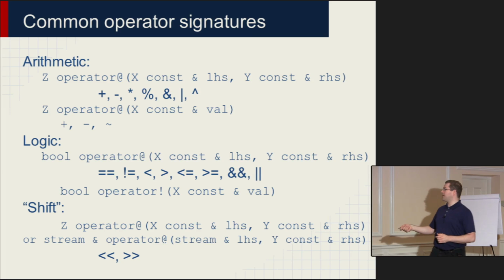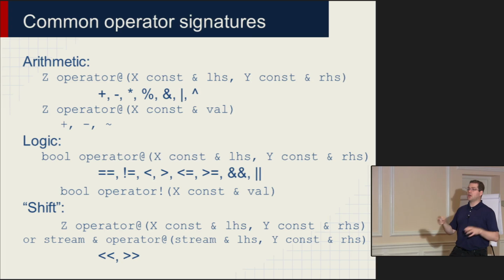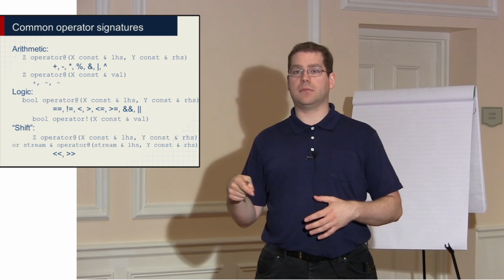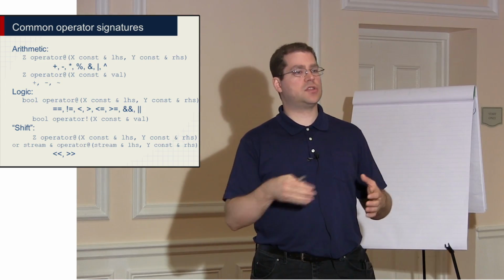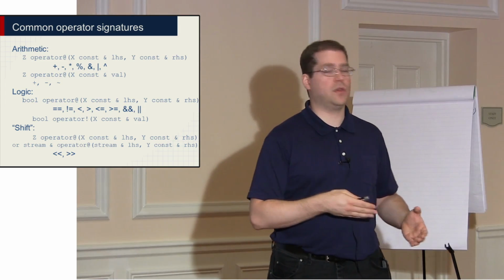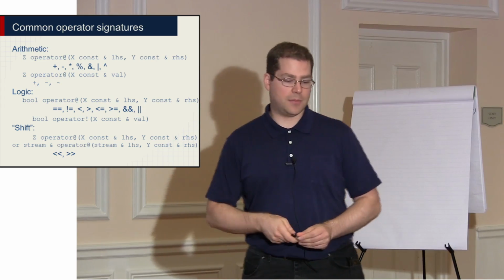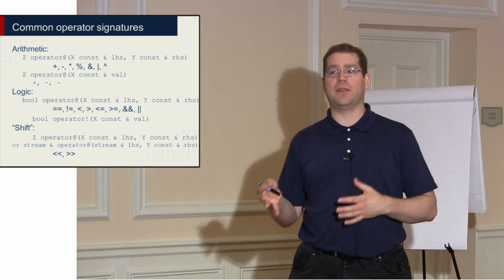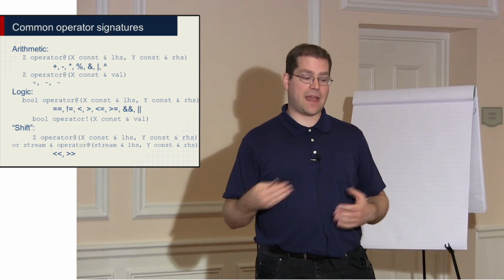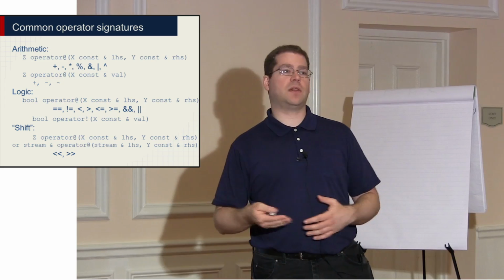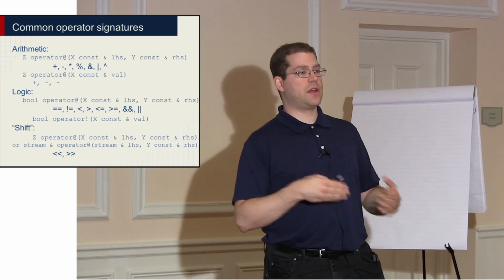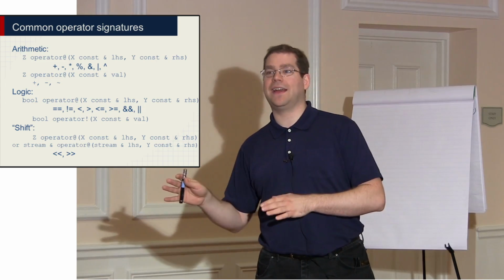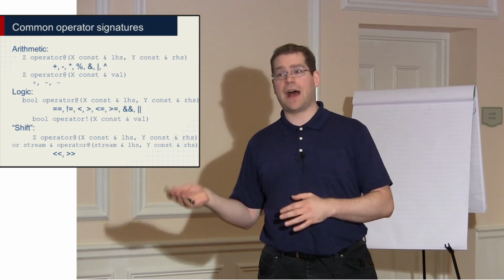There's also the shift operator, so these double arrows. So you've probably seen these a lot with stream operations, so outputting values, inputting values. In C, these are strictly used for the bit shift operators, but they have been overloaded in C++ to also work for stream operations. And I guess this is one of those points where we say, you should keep the semantics of the operator.